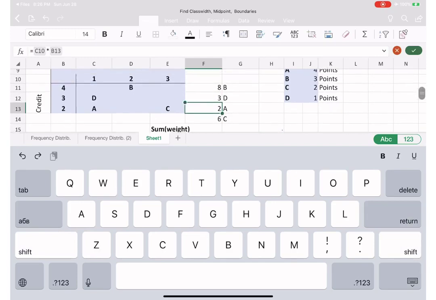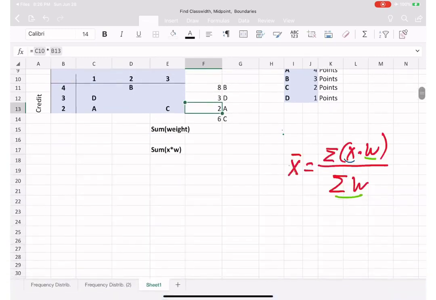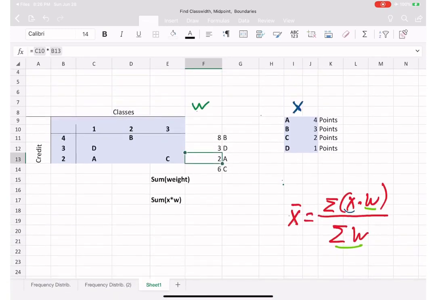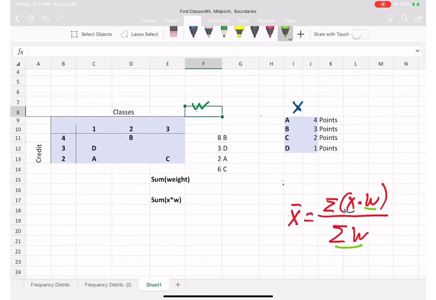All right. So next, what do we need to do? Since we have our W, here it is, our W. Now we need to find sum of W. Here it is, sum of weight.